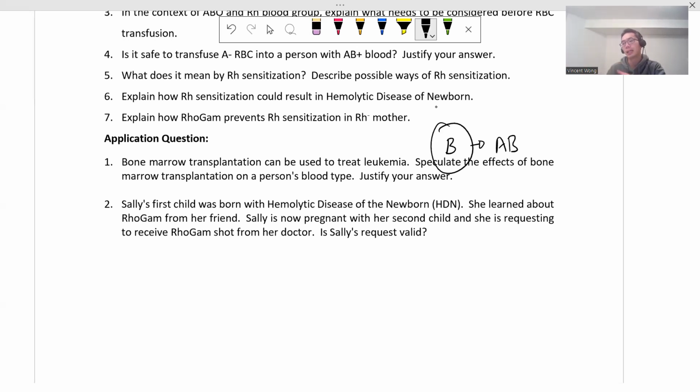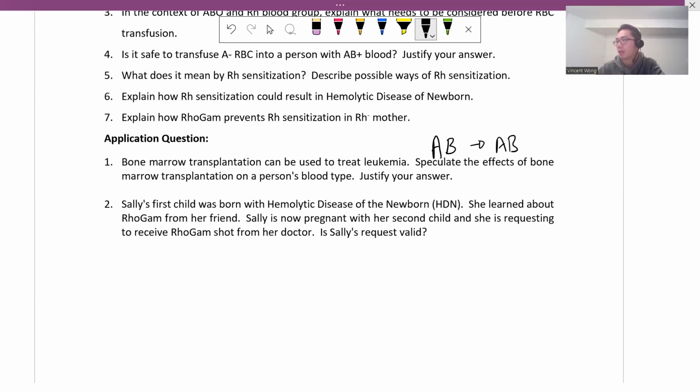So that's how it is possible for someone to have a different blood type following bone marrow transplantation. Now, of course, you can take bone marrow from an AB person and give it to another AB person, right? In that respect, you won't be changing the blood type in that case. Okay, so does that answer the first question?